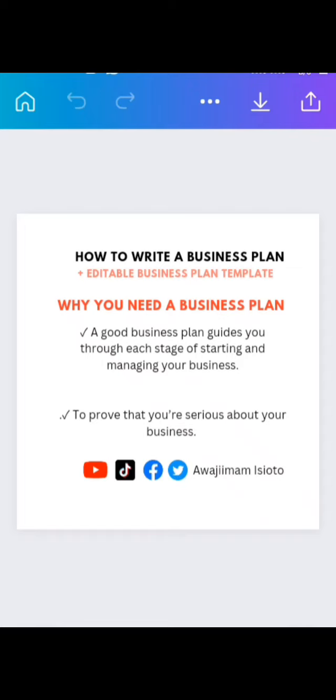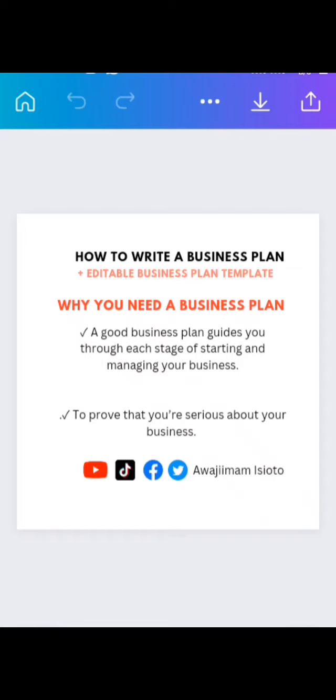Then the second reason is to prove that you are serious about your business. Now let me tell you something. If you can sit down and write about your plans, it shows that you are really serious about what you want to do. When you write out what you want to achieve for your business, it gives you the opportunity to present your business to investors.